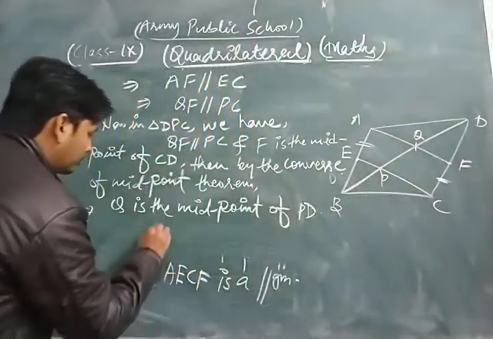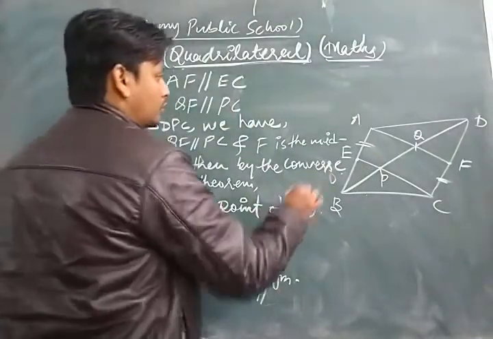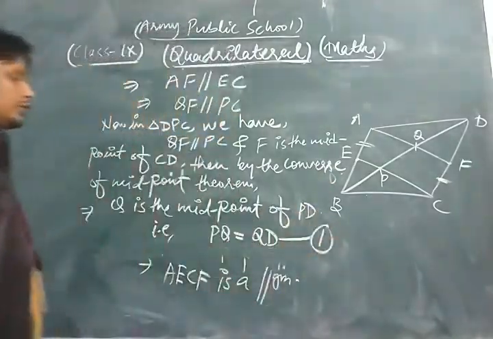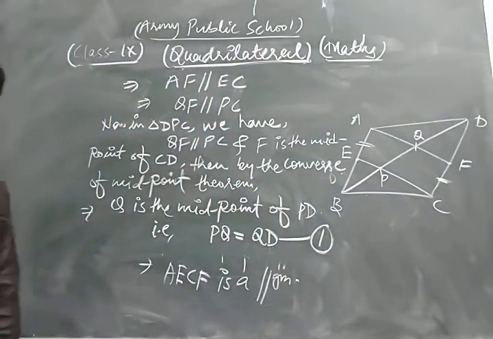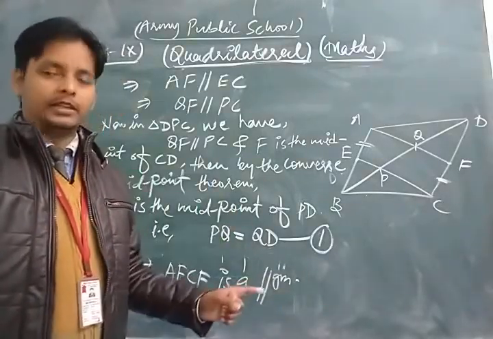That is, PQ is equal to QD. We take this as equation number 1.